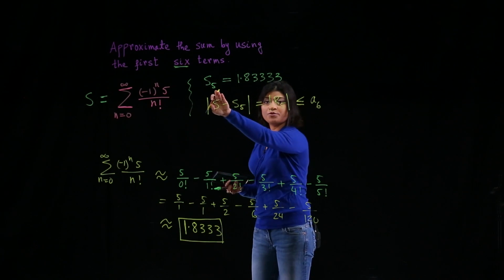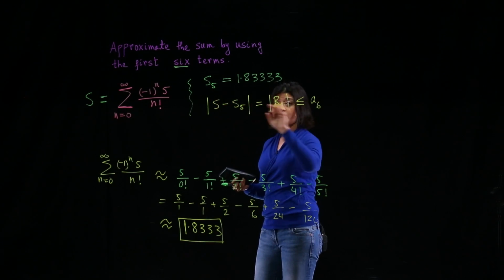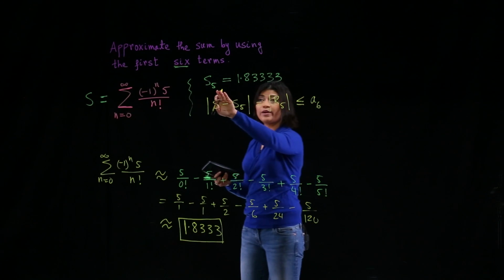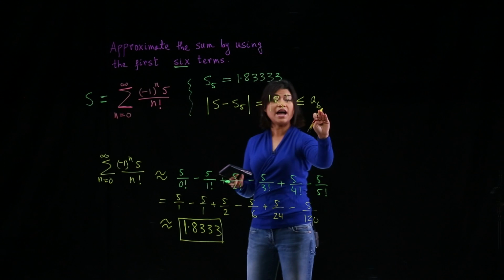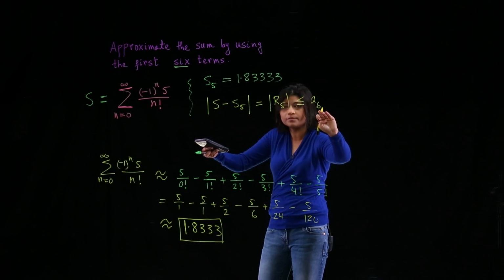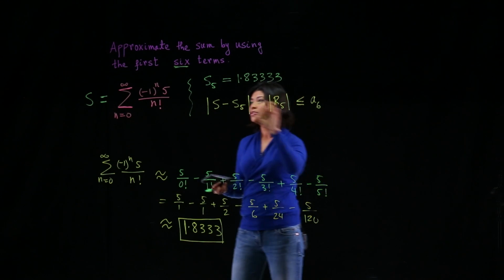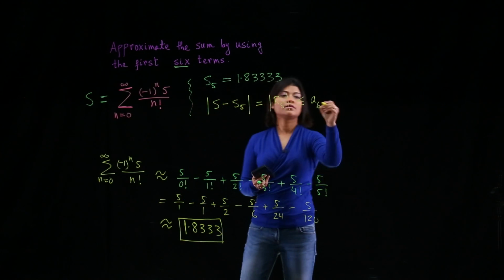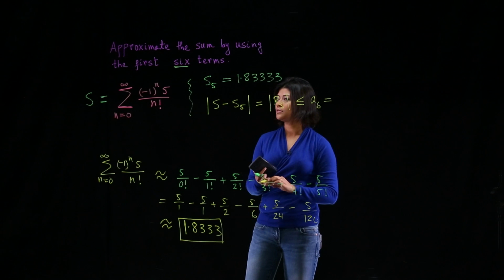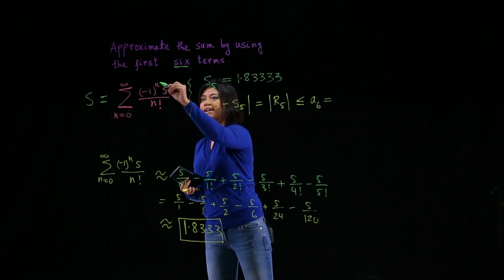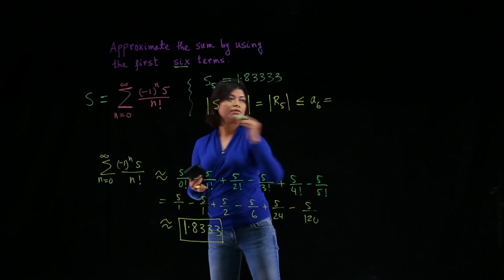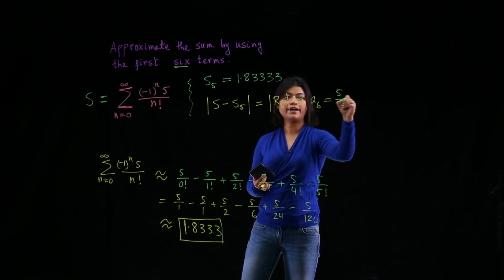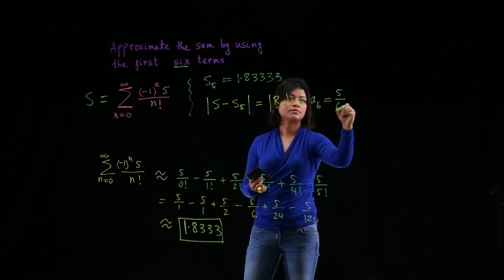Well, let's figure out what A6 is. So we went up to S5. So remember, that was when n equals 5. So now we have to figure out the following term. So n equals 6. Look at our series, plug in n equals 6. So what do we get? For n equals 6, we have -1 to the 6, so positive 5 divided by 6 factorial.